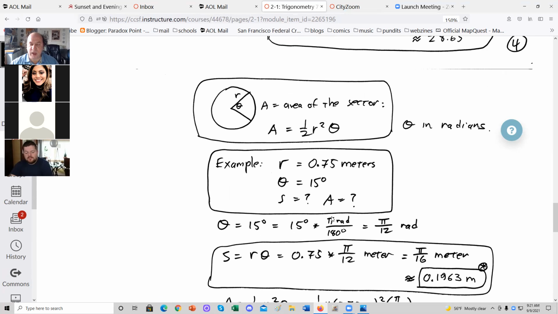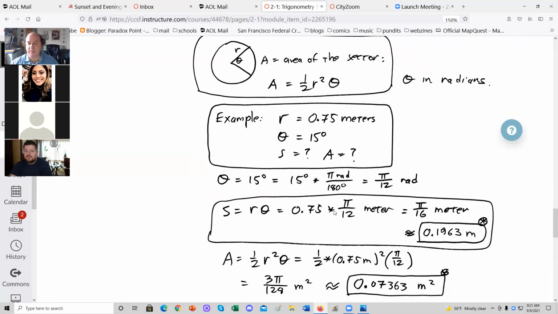So 15 degrees times pi radians over 180 degrees, the degrees cancel out, 15 pi over 180, you get pi over 12 radians. From there, s is r theta, r is 0.75, theta is pi over 12. After a bit of arithmetic, that's pi over 16 meters, or approximately 0.1963 meters.